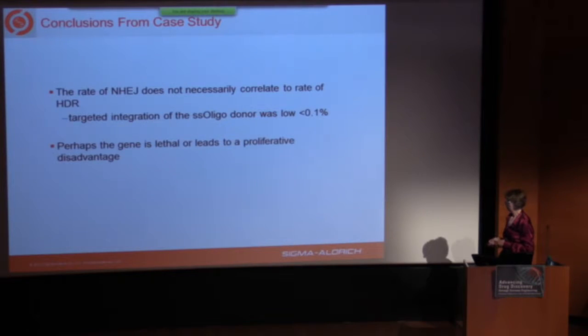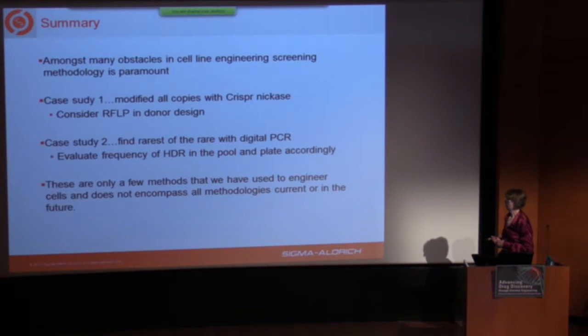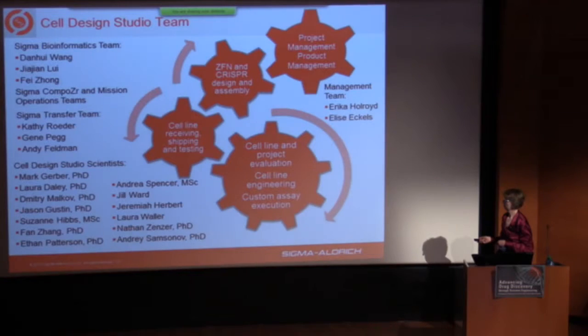So there's just many issues that can come up amongst a lot of the obstacles that we have to deal with. One of them is the screening methodology. And this is only a few of the methods that we have used, but I hope it's giving you some idea of the things that go into each project.